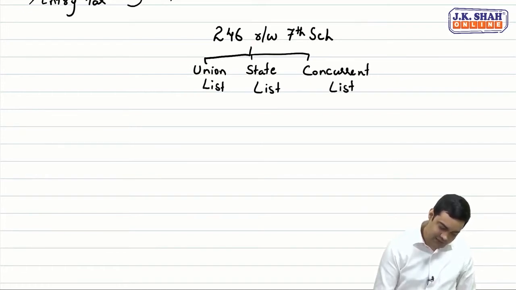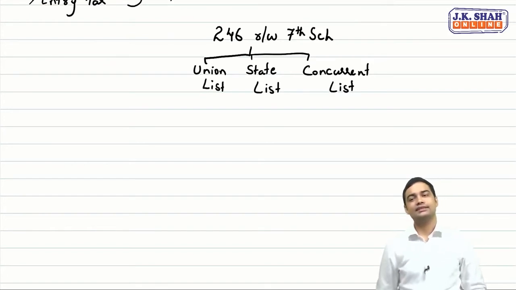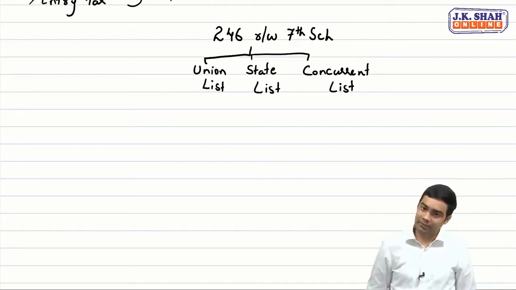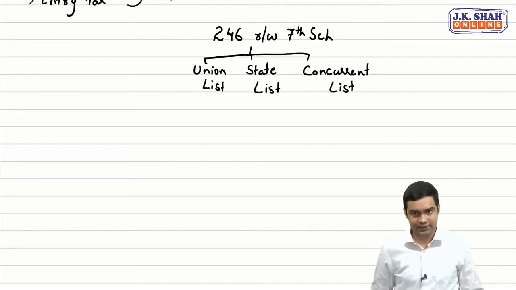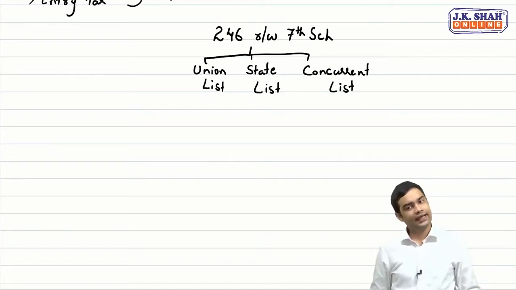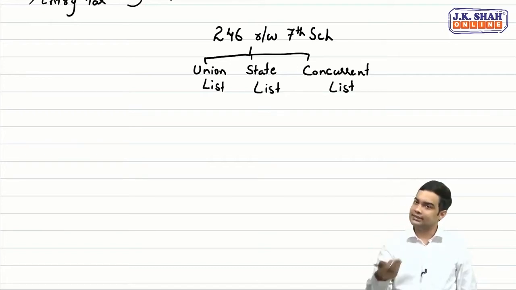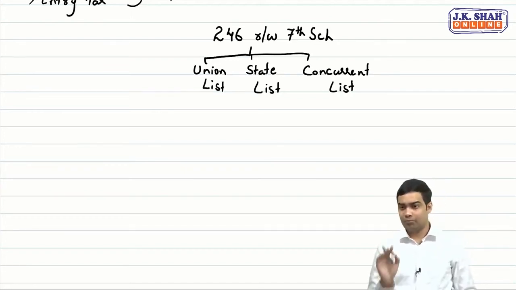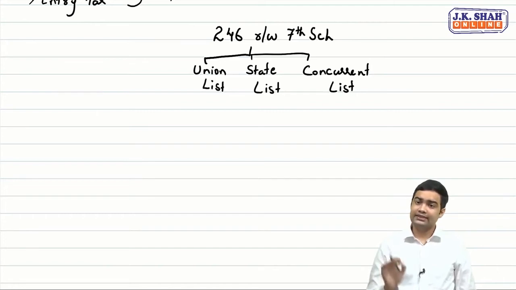Any matter which is specified in the union list, tax would be levied by the central government, and the law for that would be made by the central government. Any matter which is there in the state list, the tax would be levied by the respective state government. And one important point, each state government has its own authority to make the law.